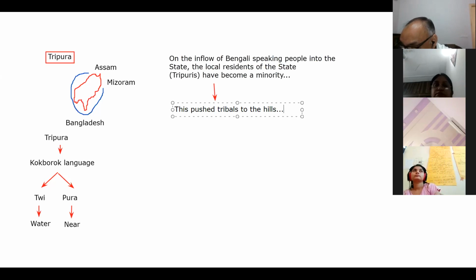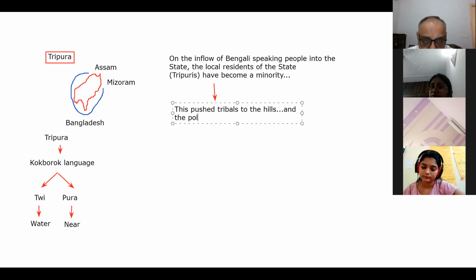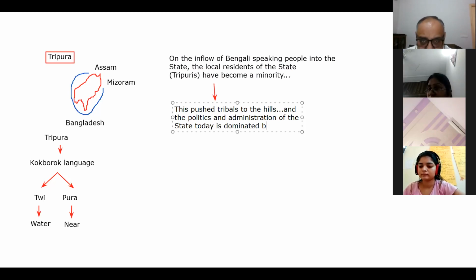And we can say politics and administration of the state today is dominated by Bengalis.